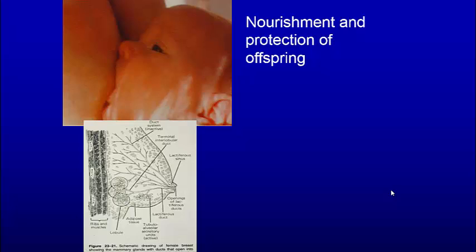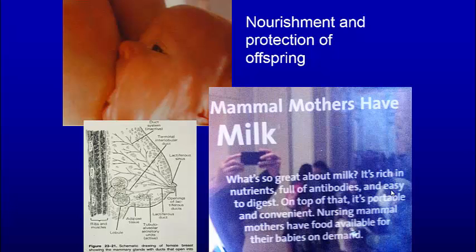Now, once pregnancy is over, the female is still active in nourishment and protection of the offspring. The mammal mothers have milk, and the milk can be given to the baby on demand, even if the mother hasn't eaten yet.